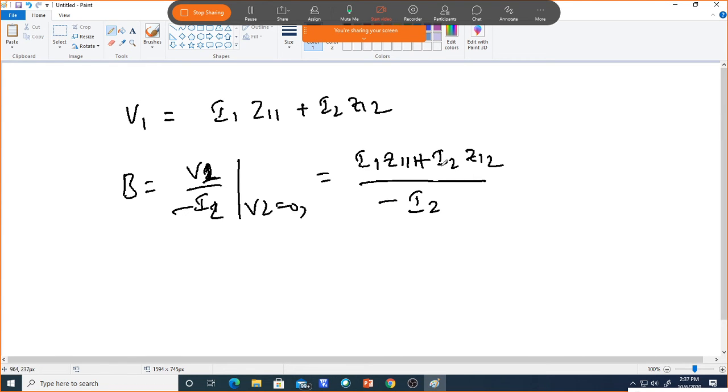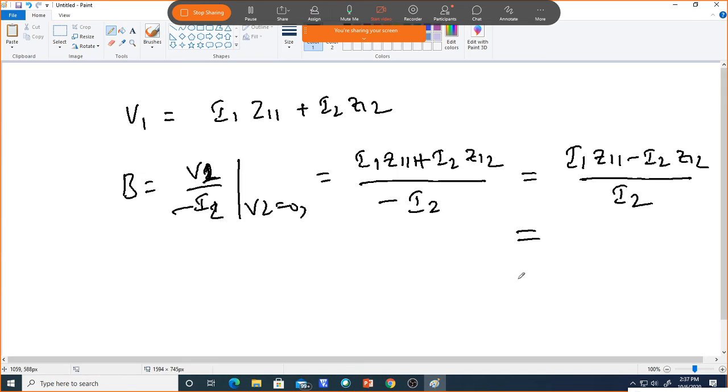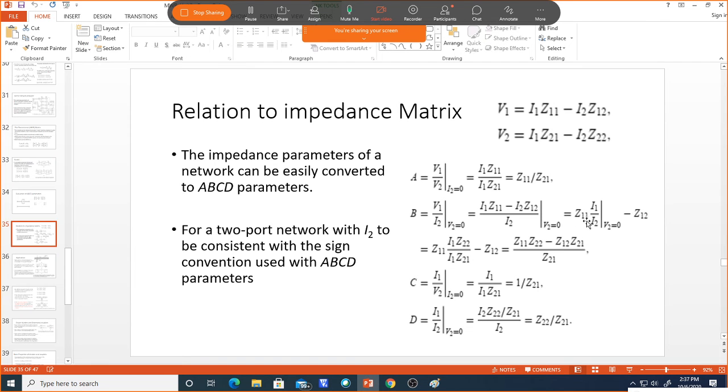Now we know that I2 is flowing into the network, so we can replace it as minus I2. So that is Z12 divided by I2. Now if you take I2 equal to minus I1, we get this equation, Z11. Since I2 cancels here, I1 by I2 will remain as it is.